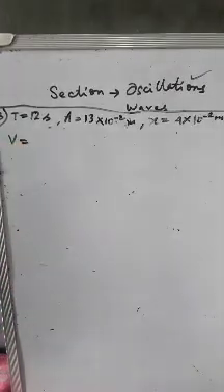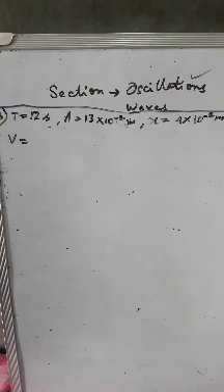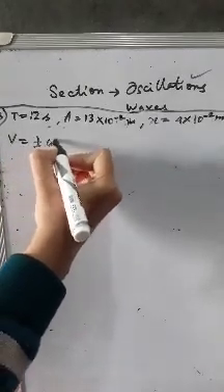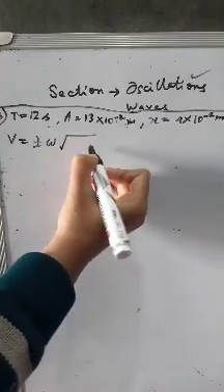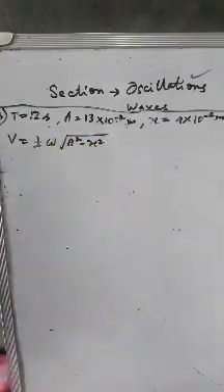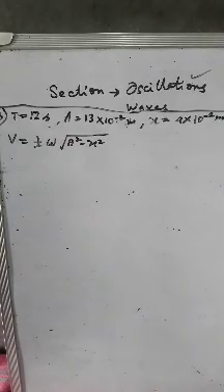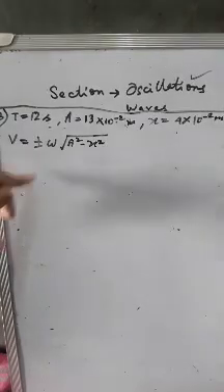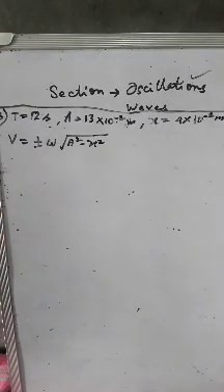One formula for velocity, if you go through your textbook, is plus minus omega root a square minus x square. I've told you previously also, you will study various forms for progressive waves. Any formula you can need in your exam. So we are taking this formula, plus minus omega root a square minus x square.